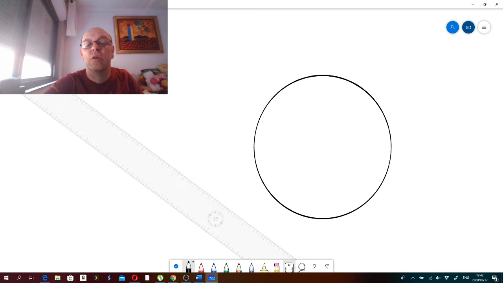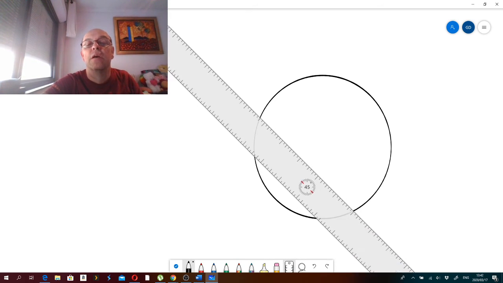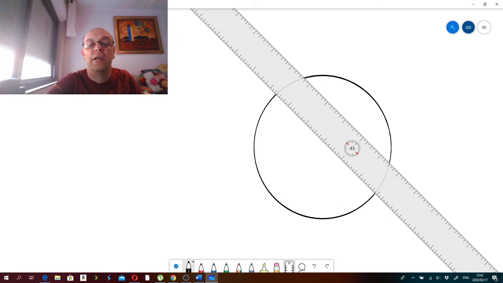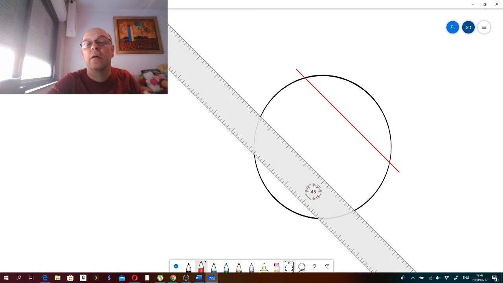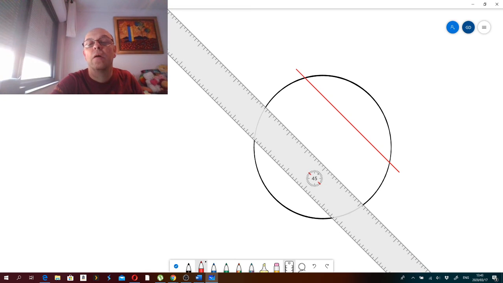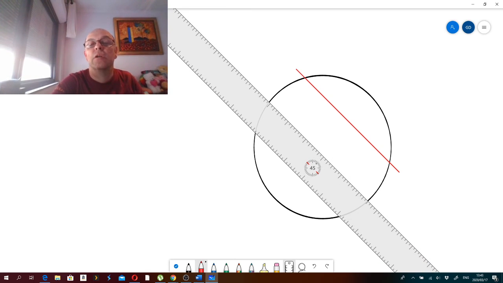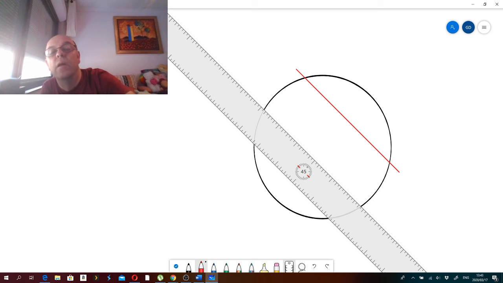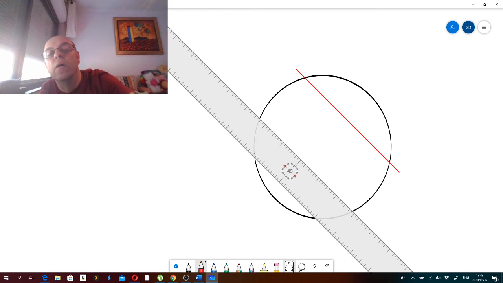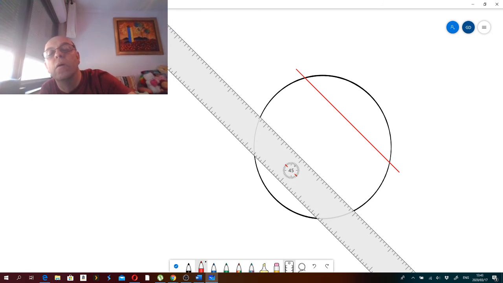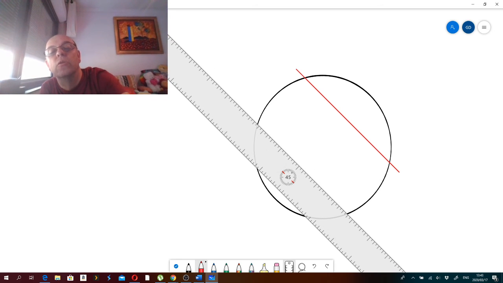So let's draw, and we can use our ruler for this one. Let's draw a line here, and let's turn our ruler. Not quite sure how to get the ruler to turn. It's not turning the way I want.